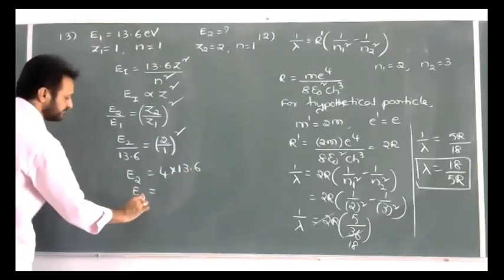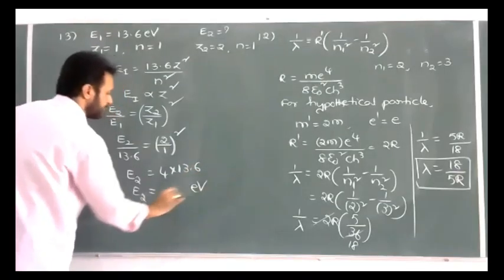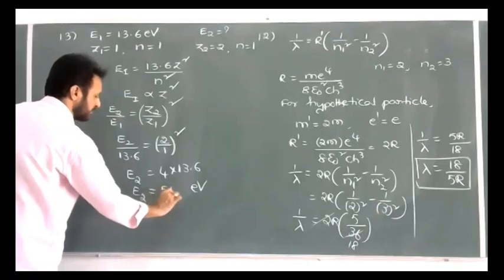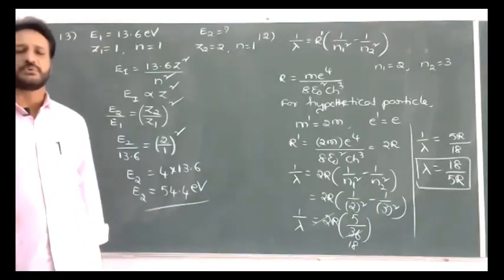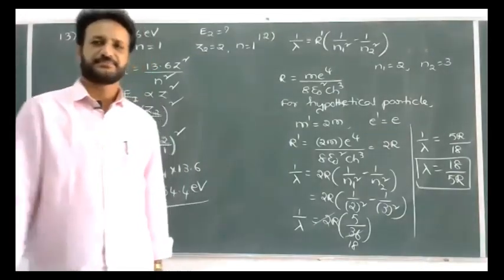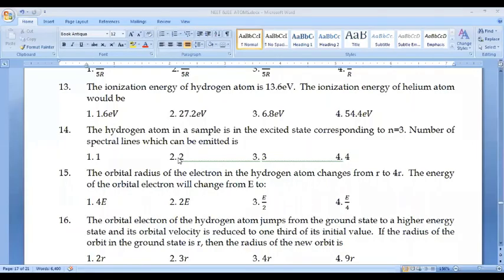Multiply this value: 54.4. Check the answer, 54.4 electron volt. Check the options for question number 13: 54.4 electron volt. The fourth option is correct.